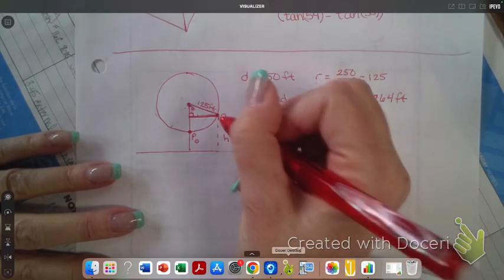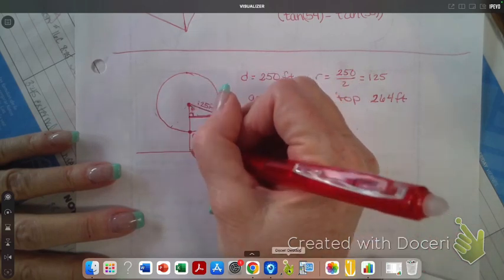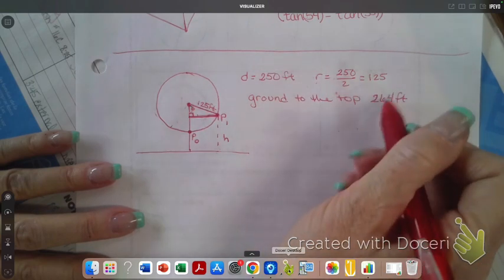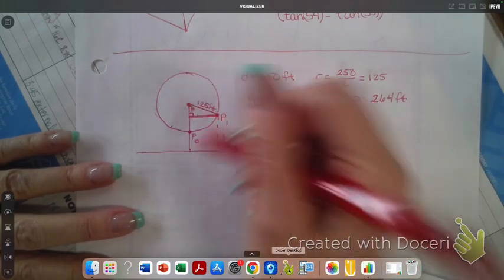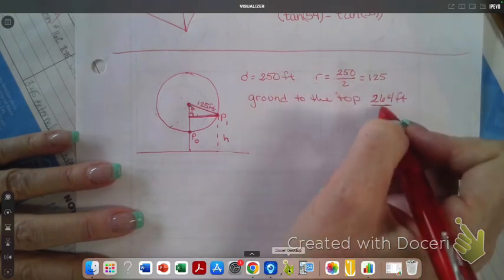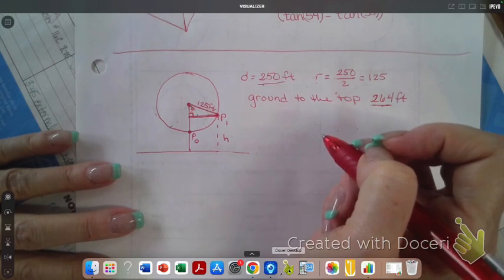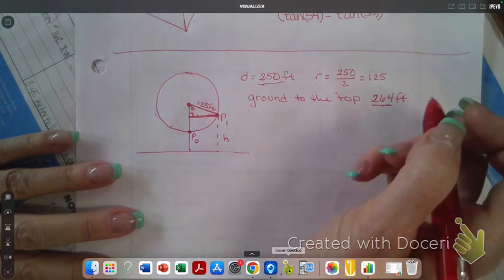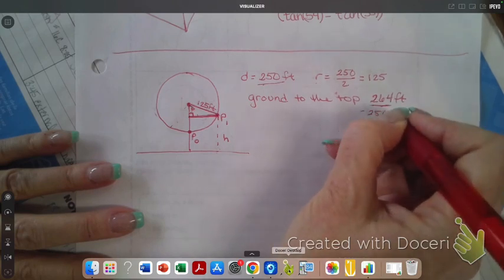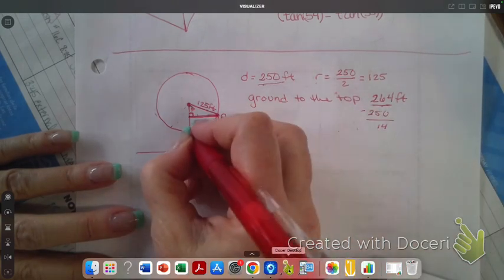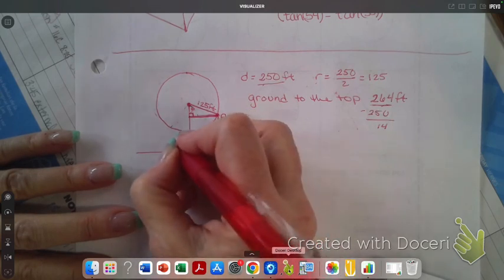And this height here, doesn't that translate exactly over here? Yeah. All the information we have has to deal with over here. So what does this tell me? 264 and 250 is my diameter. There's 14 feet in between the bottom of the wheel and the ground, yes? So this is 14 feet.